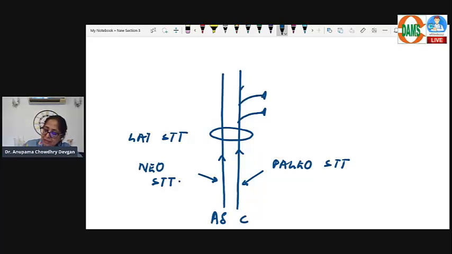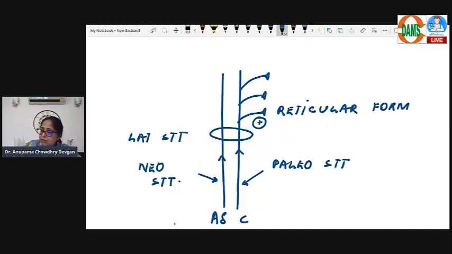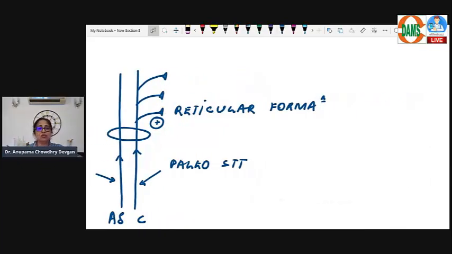The paleospinothalamic tract will give rise to collaterals, and collaterals will excite a number of areas as they ascend upwards. So the C fibers will first excite the reticular formation. And what is this reticular formation? This has a role to play in your sleep-wake cycles.